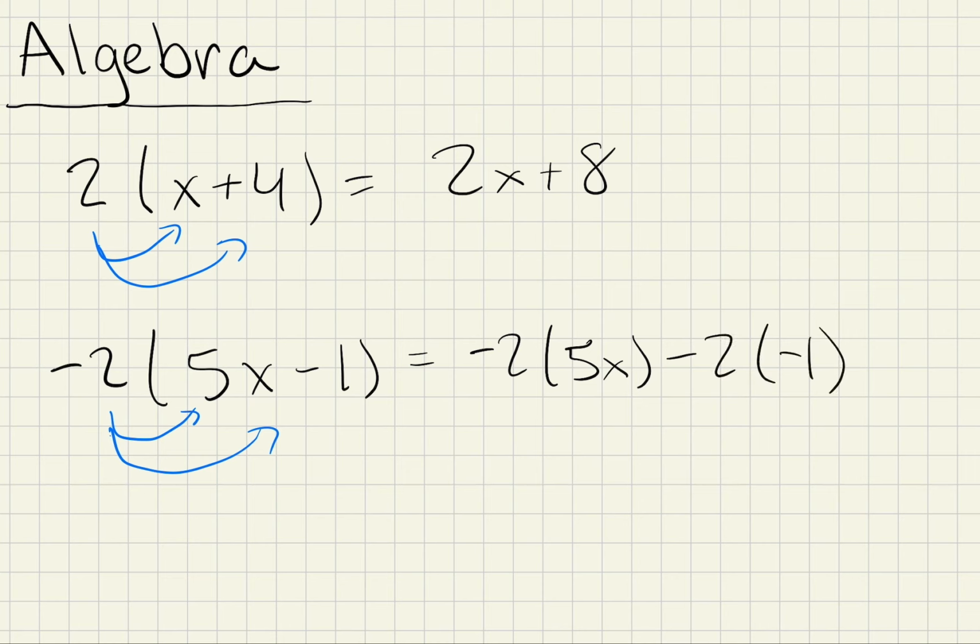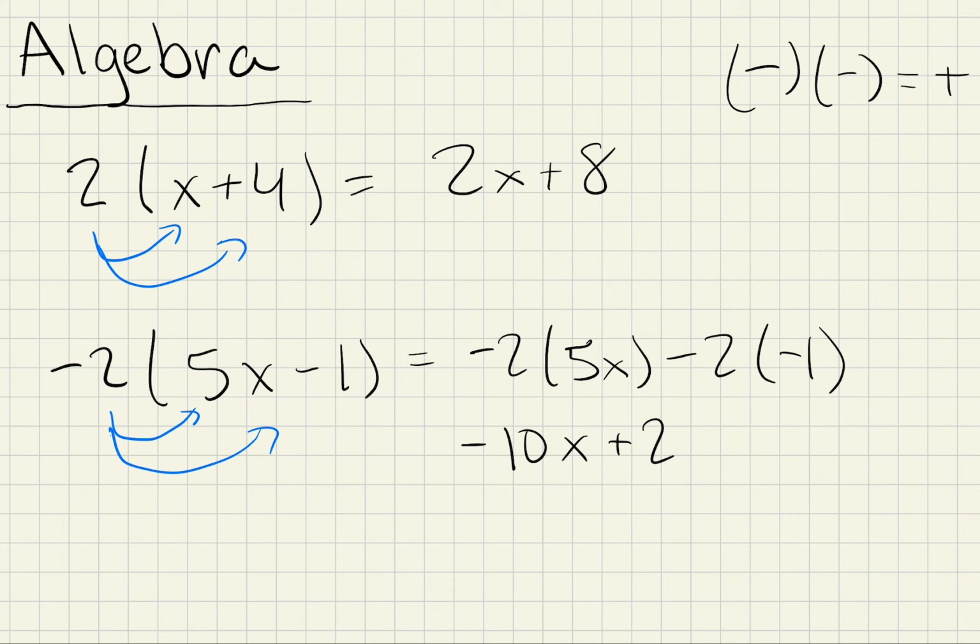So negative 2 times 5x is negative 10x, and then negative 2 times negative 1 is positive 2. So we flip. If we have a negative times a negative, this is equal to a positive.